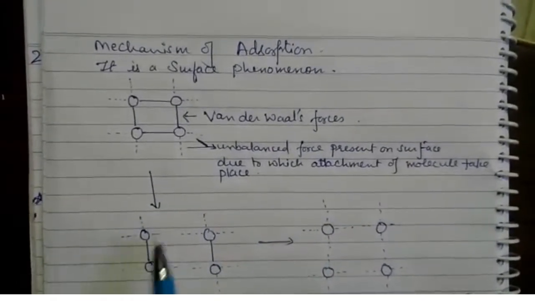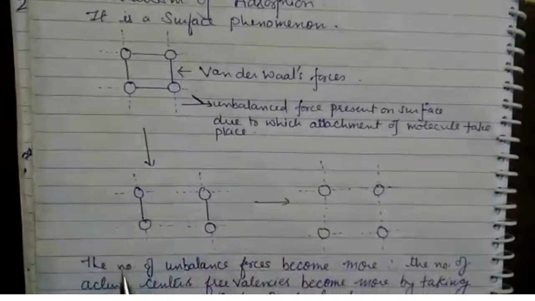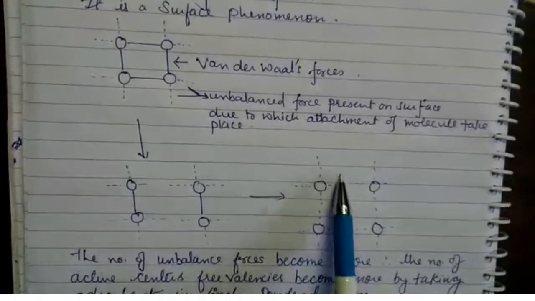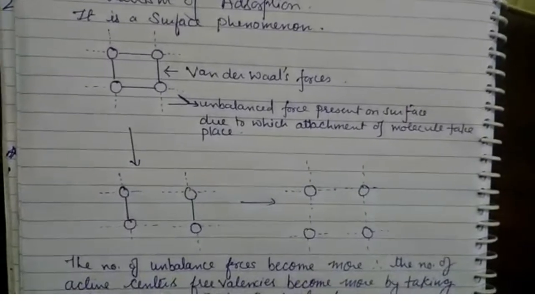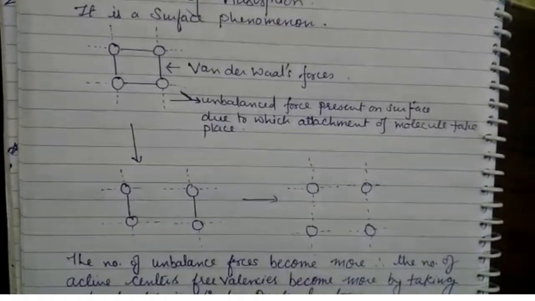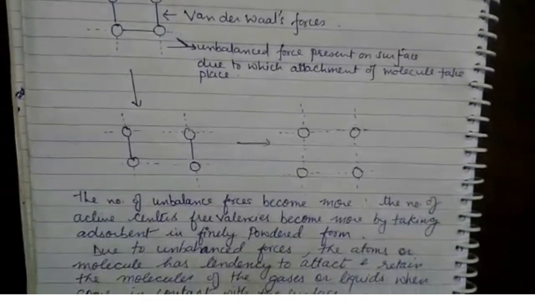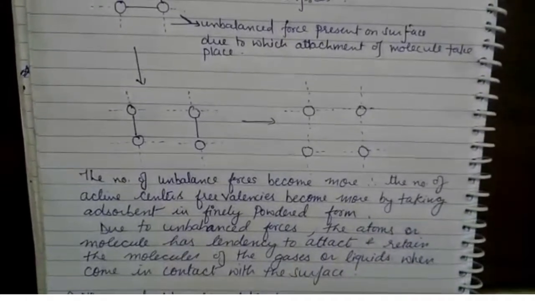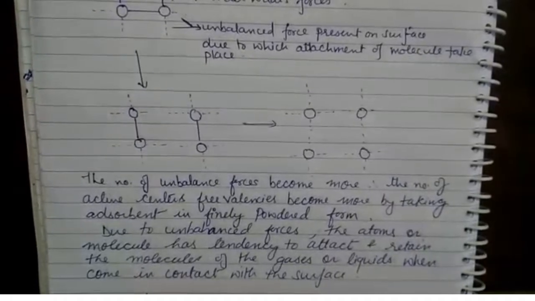Now if we break these molecules into different parts, let's see, I have broken this bond first and then this bond, and we get many unbalanced forces. This means the smaller the solid substance is, the more unbalanced forces it has. Finely divided solids have more attractive centers. Free valencies become more by taking the adsorbent in finely powdered form, due to which more attraction of the molecules can take place.